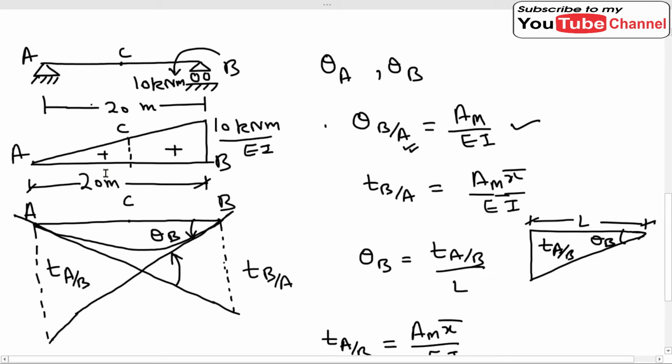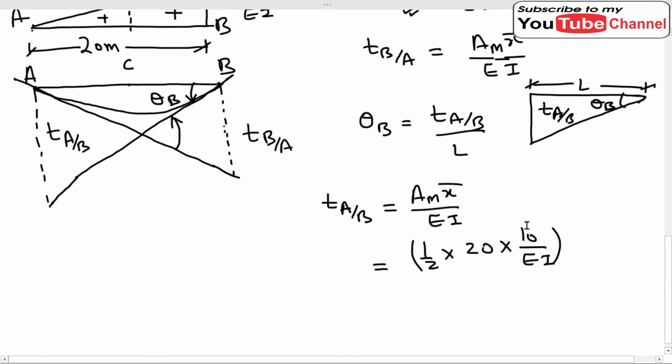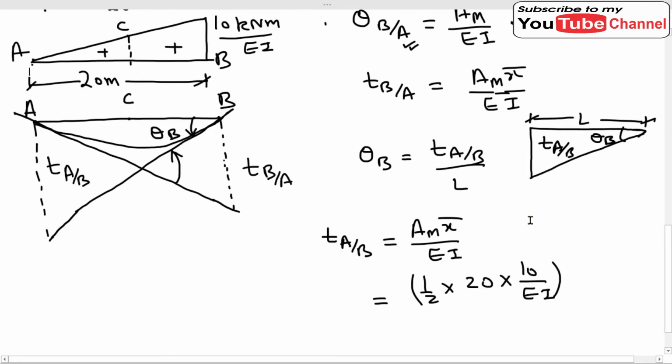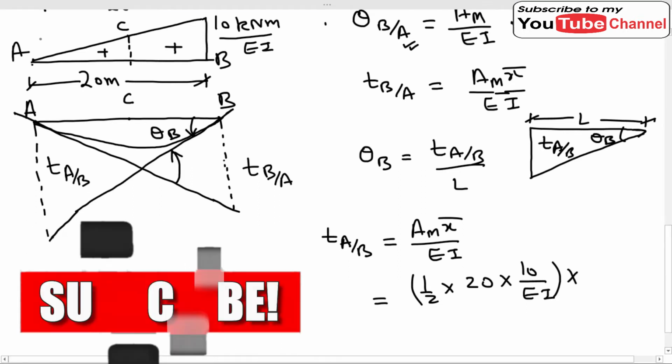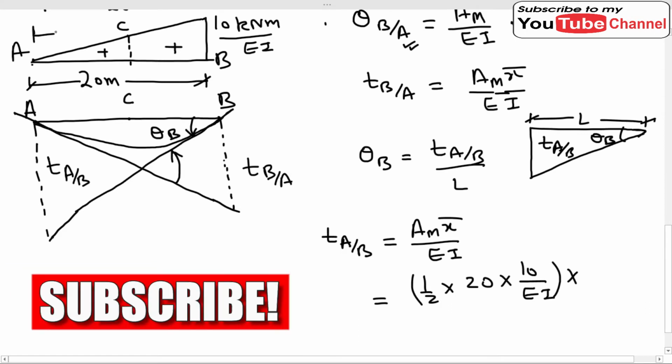So this whole area from A to B, and we can name this point, but we don't need. So the whole area will be equal to 1 by 2 into 20 into 10 upon EI multiplied by the distance of CG. We are finding the tangential deviation at A, so we will measure the distance of CG of this triangle from this point.